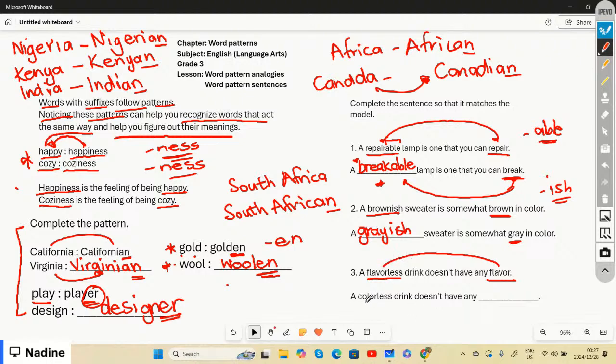Now look at the next sentence. A colorless drink doesn't have any color, meaning if it doesn't have any, then it is colorless. What is that root word that we need to identify?